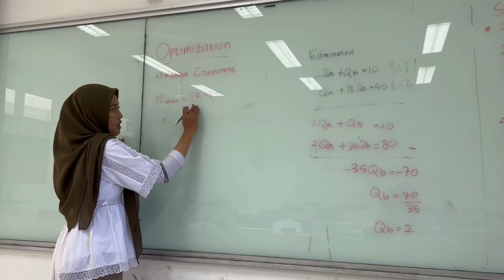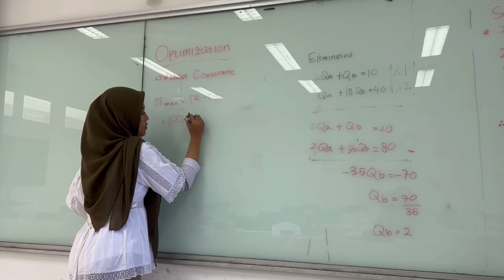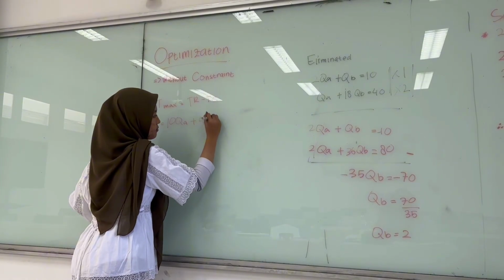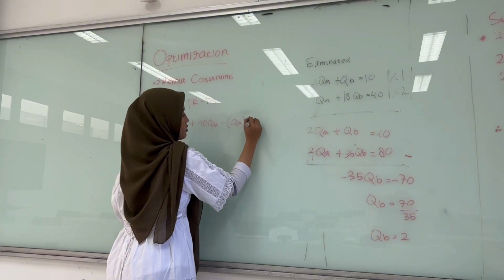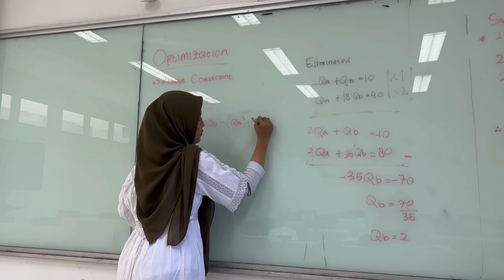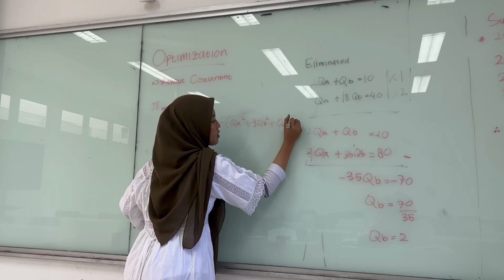We find the profit maximum. The formula is TR minus TC. The TR is 10QA plus 40QB minus QA squared plus 9QB squared plus QA times QB.